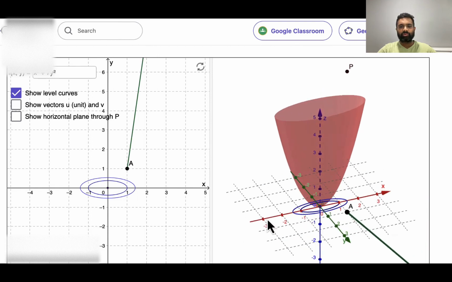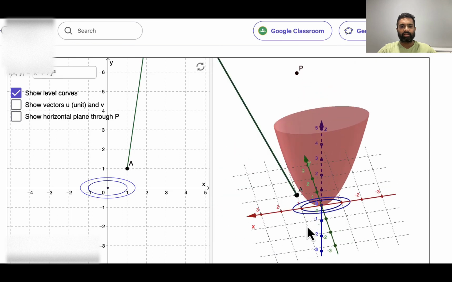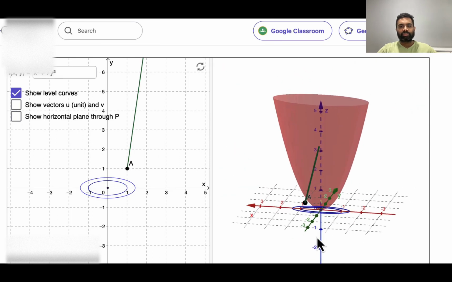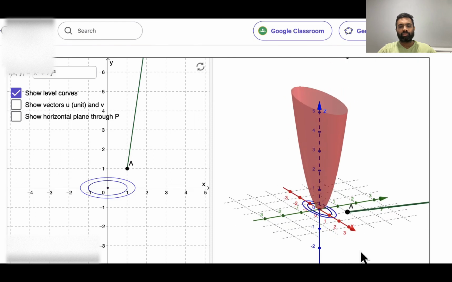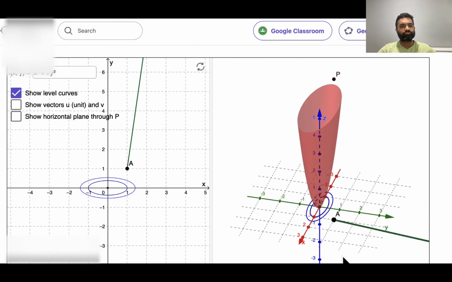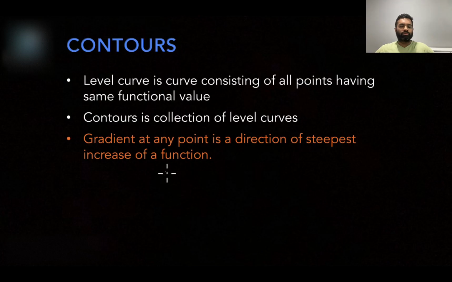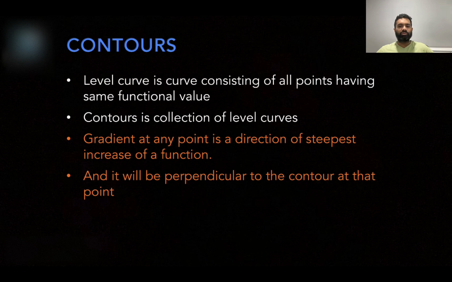So this is one more way of interpreting it: the gradient direction is the steepest ascent direction of the function. It is the direction where the function value is changing most drastically. It is the same way of saying that the perpendicular to the contour is also the gradient direction. Both are the same thing. As I have already mentioned, the gradient at any point is the direction of steepest increase of a function, and it is also perpendicular to the contour at that point.